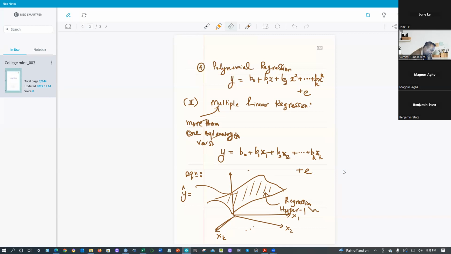I'm going to write this in an easy way: b naught plus the summation, so you don't have to expand.